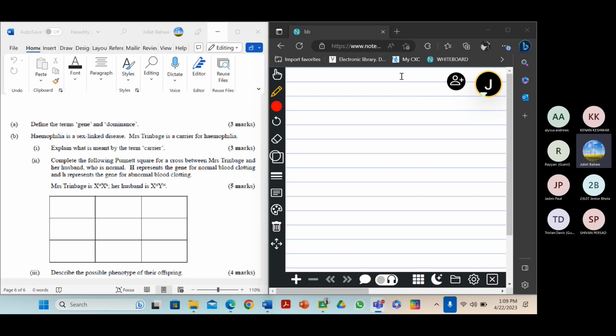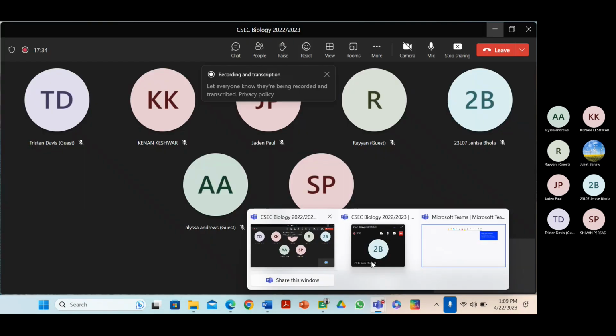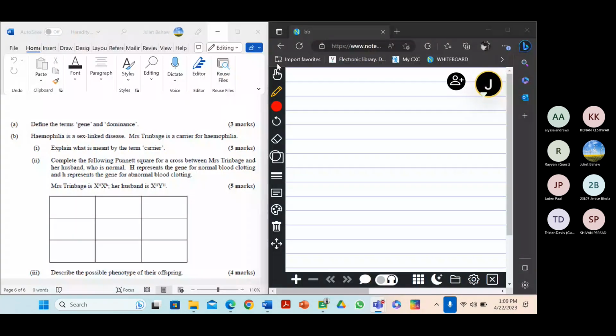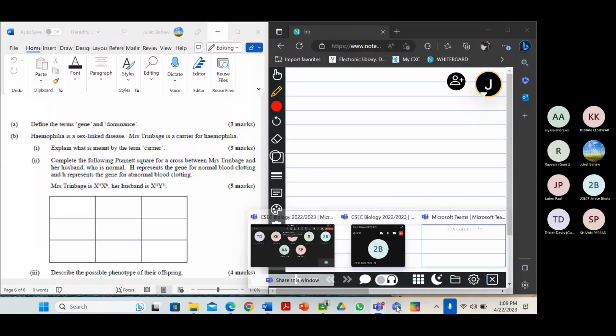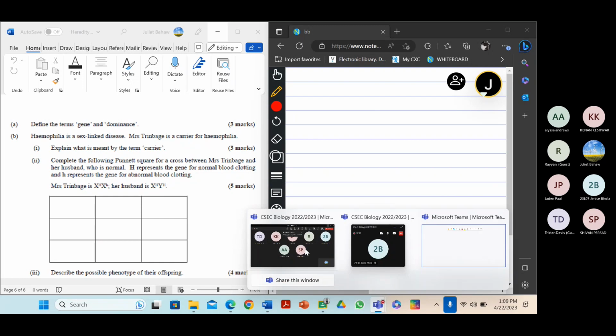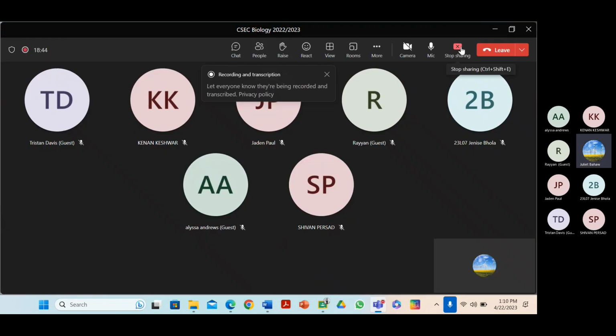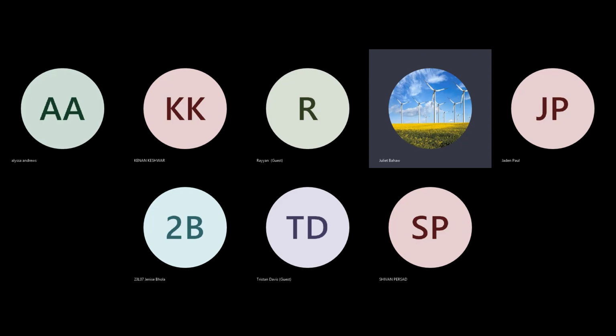How do you define a gene? Miss, for some reason the screen is gone. All right, let me see. In the meantime, someone can at least call out what is a gene, what is dominance.